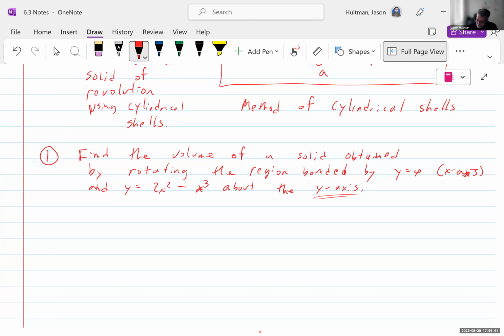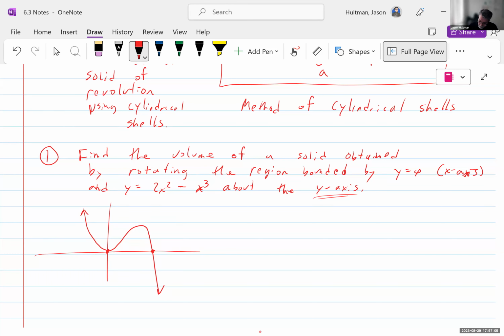Let's do the problem first. So we want this thing bounded by this kind of cubic. If you were to graph this cubic, it would come in, flat line and bounce there, go back up, and then it would go down. And so we get a boundary for this guy.